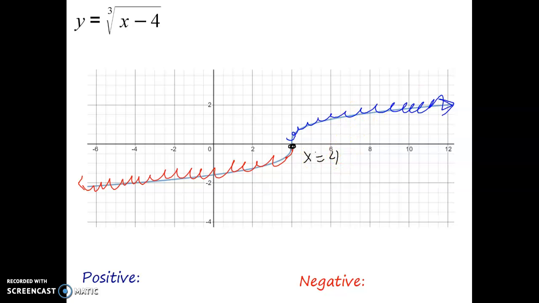So when I write my intervals, I'm going to have 4 to infinity for my positive interval above the x-axis, not including the 4, because at 4, the y value is 0. And then for my negative interval, that's going to be negative infinity to 4, again not including the 4, because 0 itself is not positive or negative.